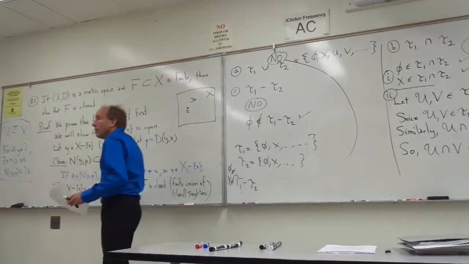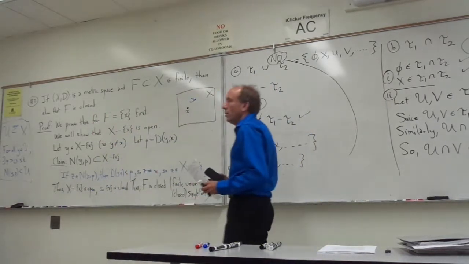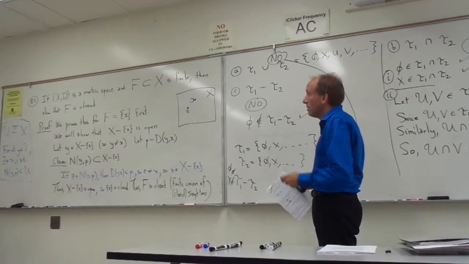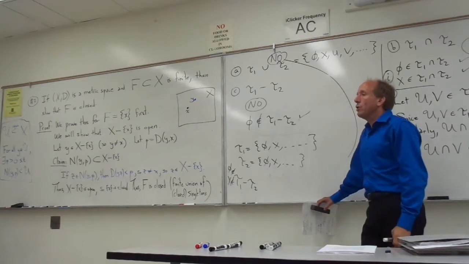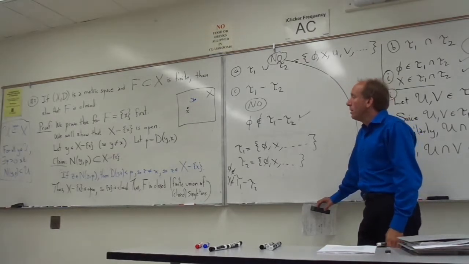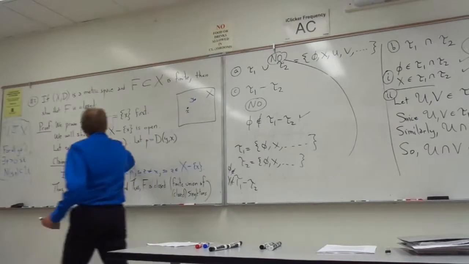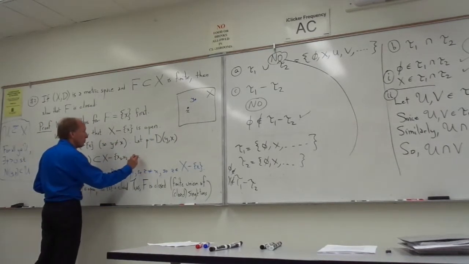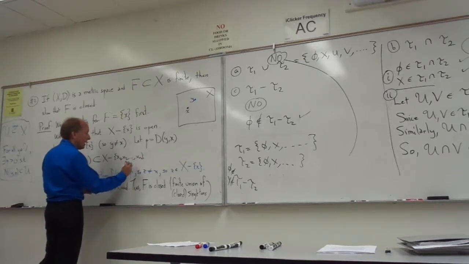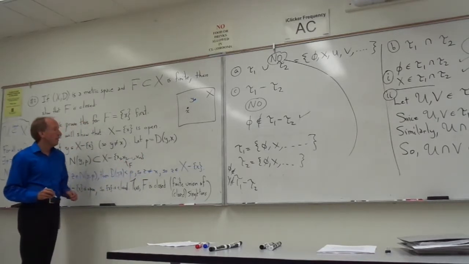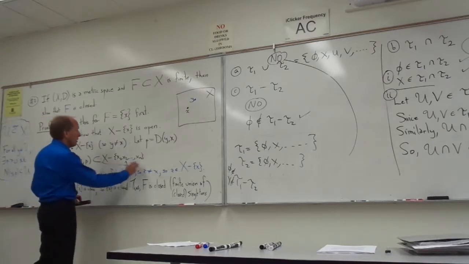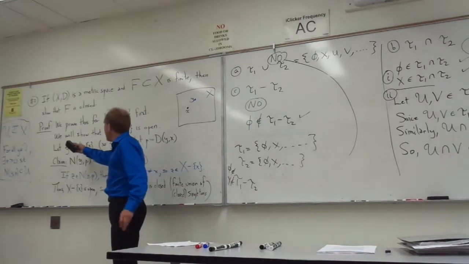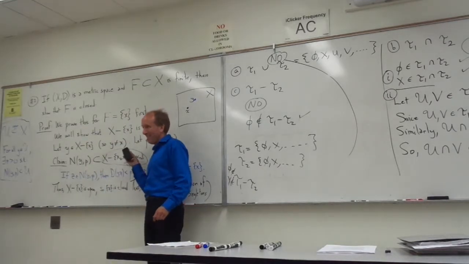Okay, let's do, yeah, Alex? Instead of doing one singleton and then taking the union, if we wanted to just make it arbitrary, yeah, you could. Suppose you just wanted to take the whole finite set F to begin with. Then you would pick an x that's not equal to any of these.